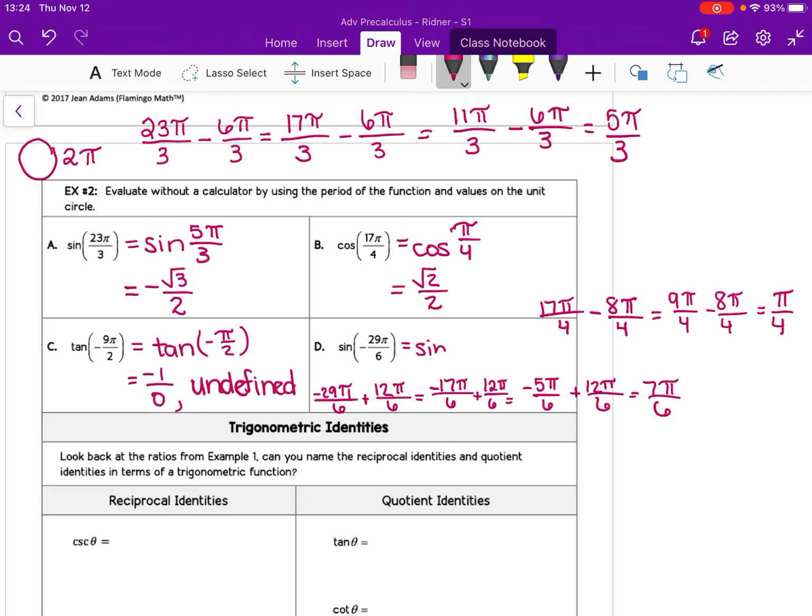And so sine of 7 pi over 6 is equal to negative 1/2.